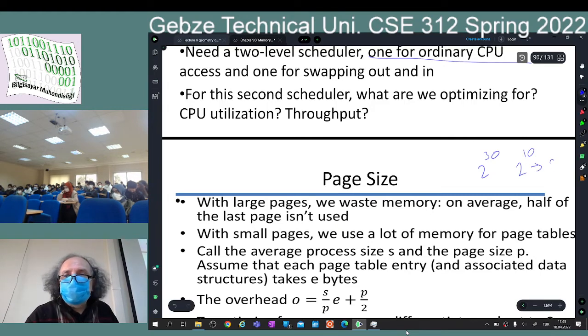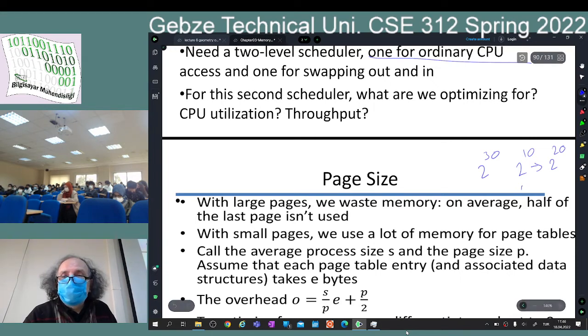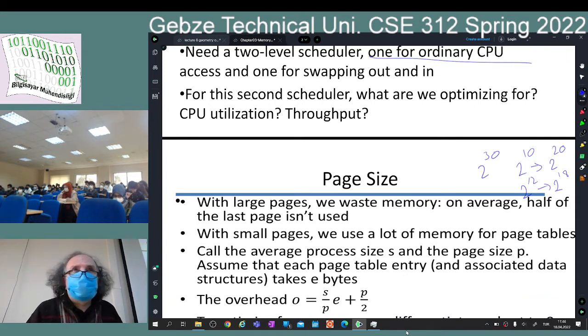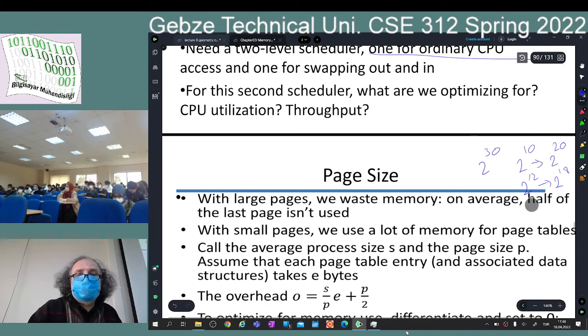I will get 1 mega elements of page table. But if I make it, let's say, 4 kilobytes, then it's going to be 256,000 elements in it, right? So it is going to be 2 to the 18. So that's the space saving. It is like 4 times more memory between these two. So the larger the page size is, the better.